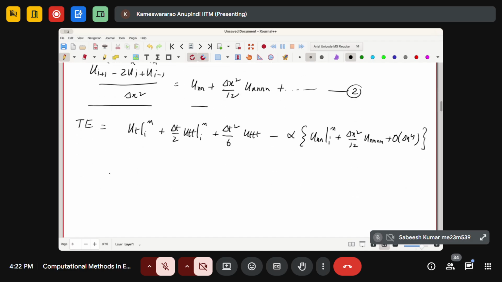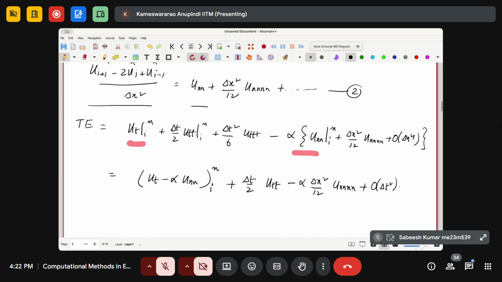Okay, so this is the truncation error, but then I can now bring this term and this term together. That is going to be u_t minus alpha times u_xx at the time level n at the grid point i, plus we have delta t by 2 u_tt, and we have minus alpha times delta x squared by 12 u_4x, plus order delta t squared plus order delta x power 4.